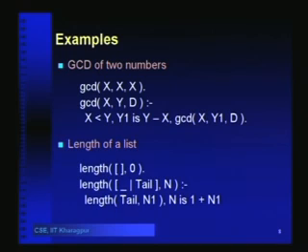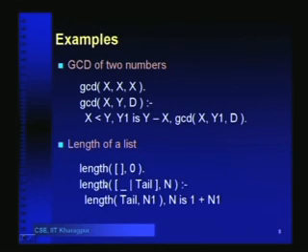Length of a list. So, here actually what you should note is in these two that we have used the less than operator here, and we have used the is to evaluate the value of y minus x here. Similarly, here we are using the plus operator and the is operator to evaluate that. So, what is happening here? We are checking the length of a list.